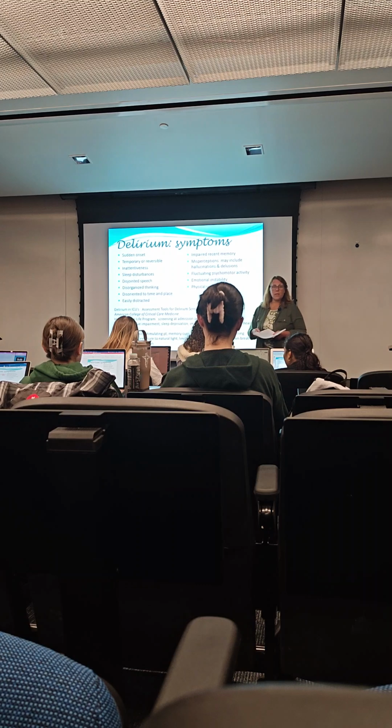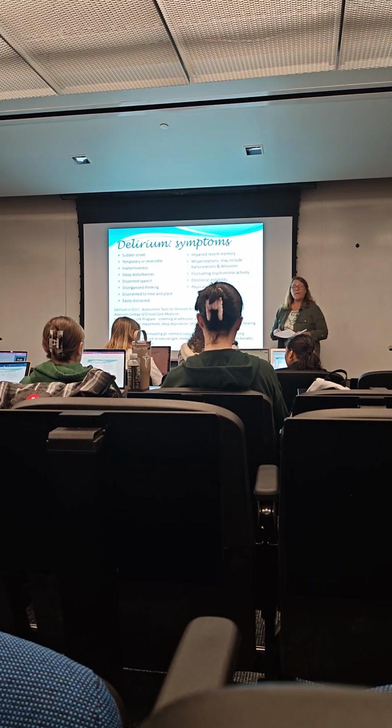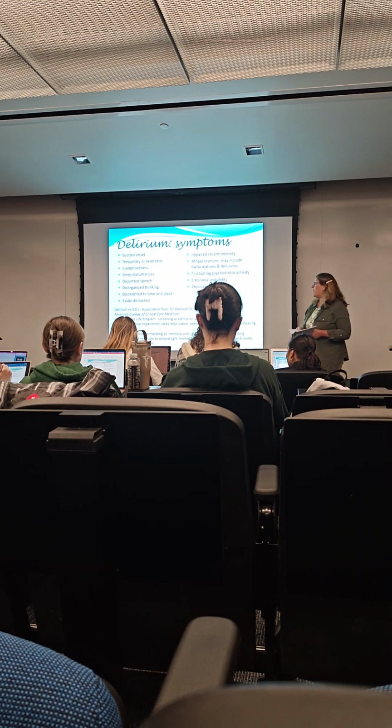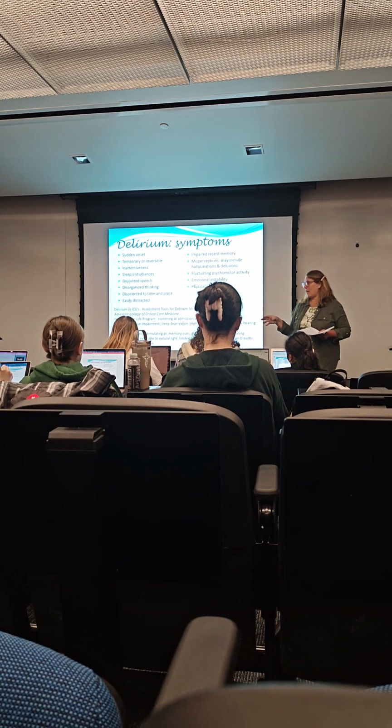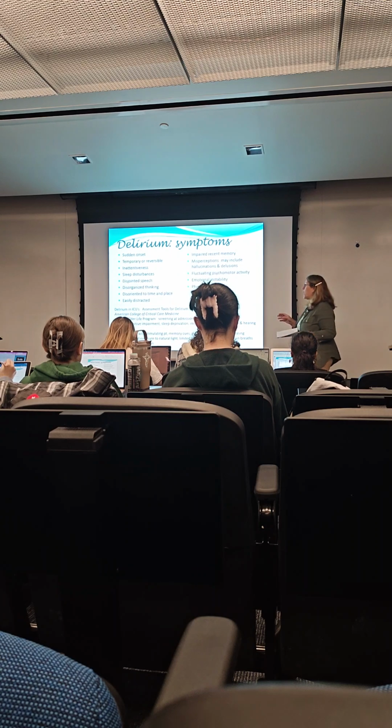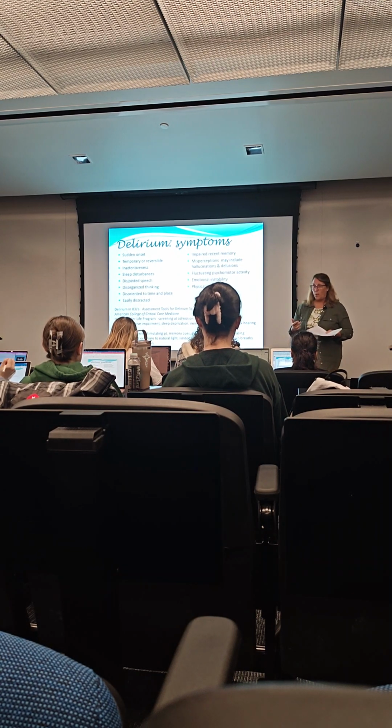They often have sleep disturbances. They might have their days and nights mixed up. We talk about sundowning. It can happen with delirium as well as dementia. We always think dementia is right, but with sundowning, we'll talk about that a little bit more. They might have disjointed speech. You might not be able to tell what they're saying. They might have a word salad. They might have a lot of disorganized thinking.